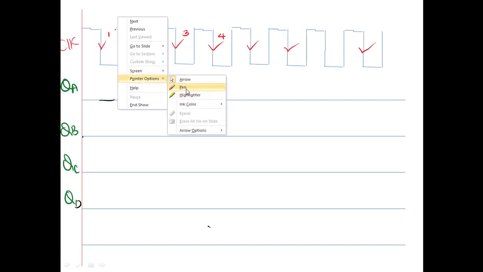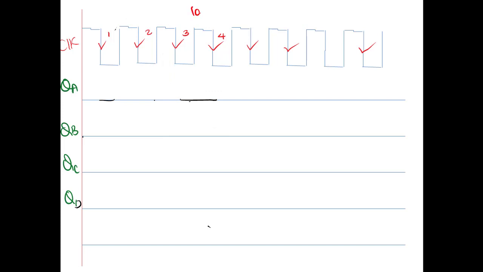So now, 1010. During your fourth clock pulse, your 0 will appear. So now here you have a high, you have a low here. Here you have a high, you have a low. So it is 1010.